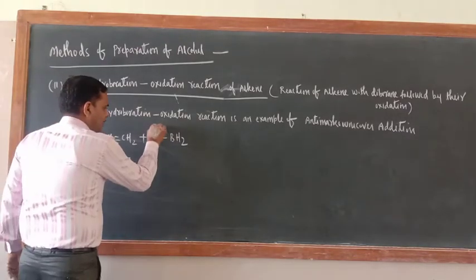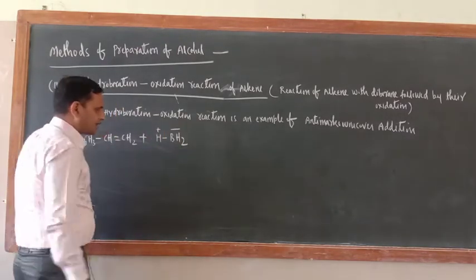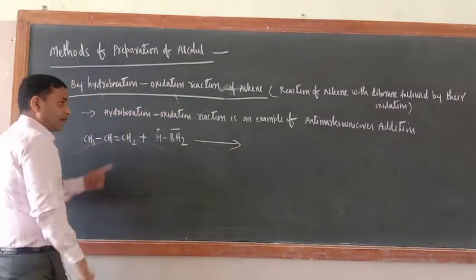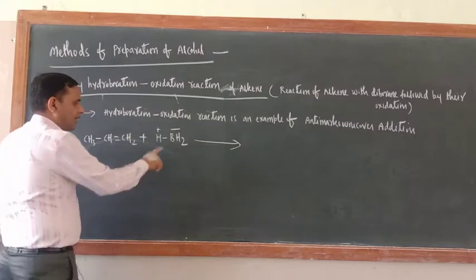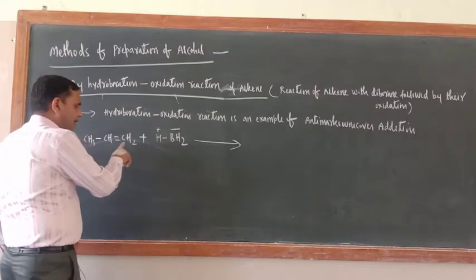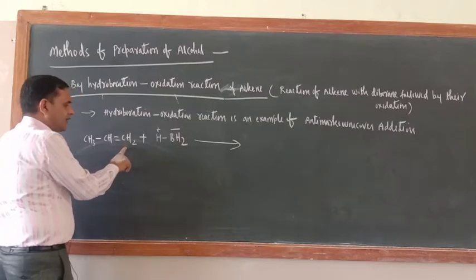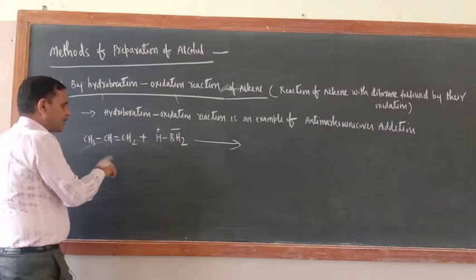This is the positive part, this is the negative part. While adding, because this is an example of anti-Markovnikov addition, the negative part will be added to that carbon atom of the double bond which contains the larger number of hydrogens. So BH2 will be added here and H will be added here.